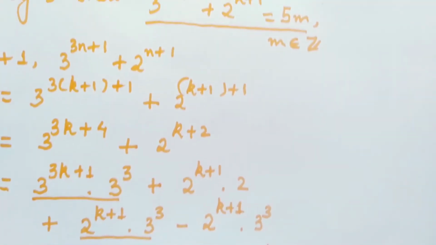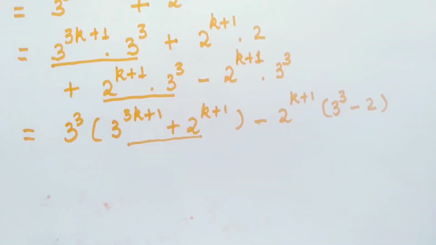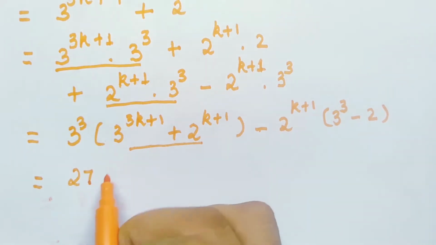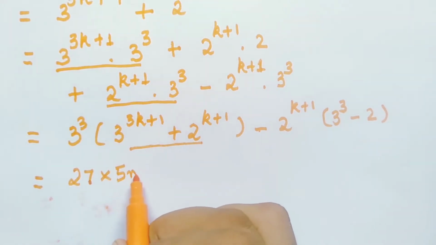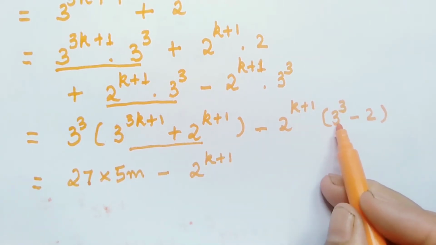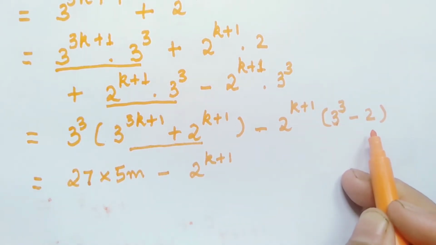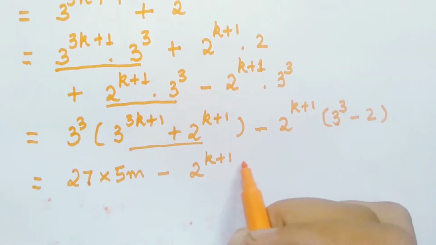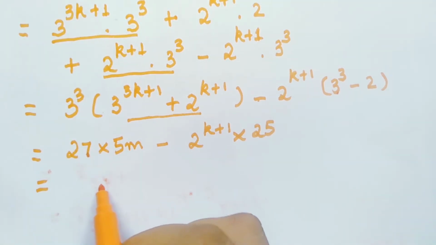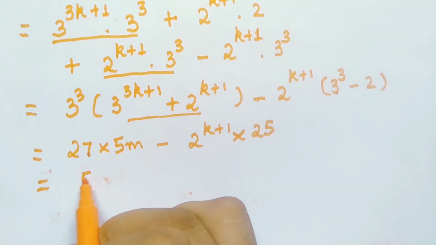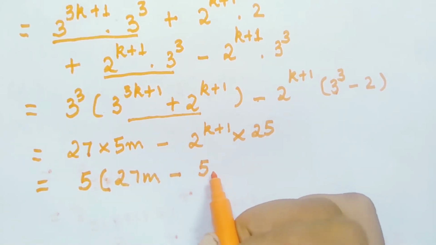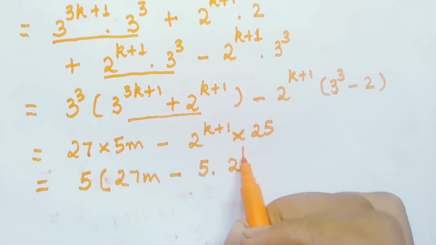It is equal to 5m. So here we can write this one is 27 into 5m, minus 2^(k+1) times (3 cube minus 2). 3 cube minus 2 is how much? It is 25.